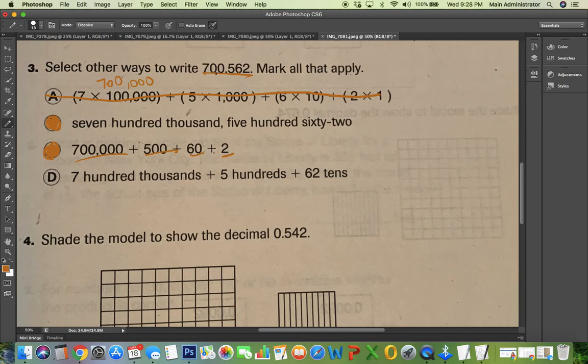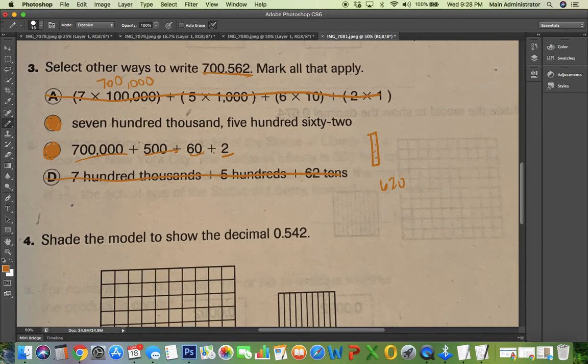Yep, that works. 500s, that works. 62 tens. If I had a 10 stick, there's 10 in there, and I had 62 of those, that would definitely not give me 62. That would give me 620. So, yeah, that's out. Looks like B and C.